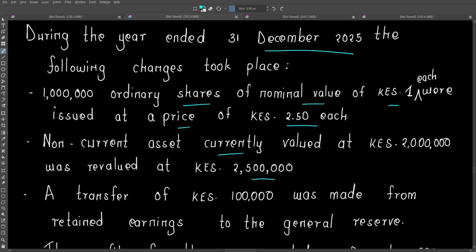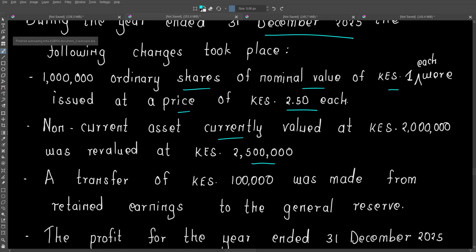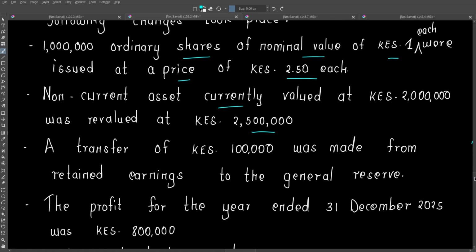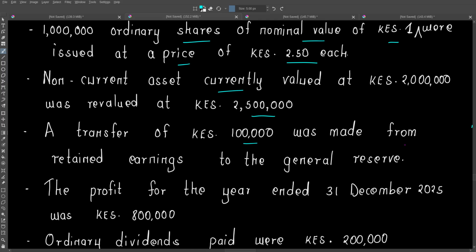So as at year end, this non-current asset was revalued to 2.5 million. Then a transfer of Kenyan shillings 100,000 was made from the retained earnings to the general reserve.